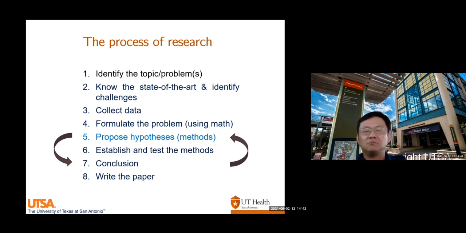The process of research starts from identifying a topic and the associated problems. Then afterwards, we need to know the state of the art and the challenges associated with these topics and problems. And afterwards, we need to collect data, okay?